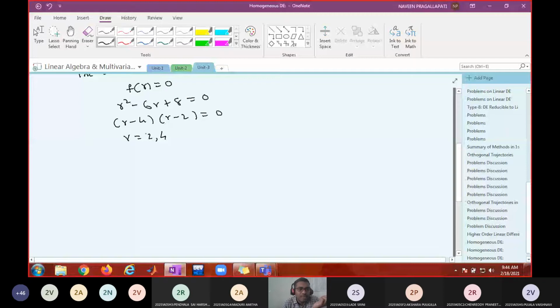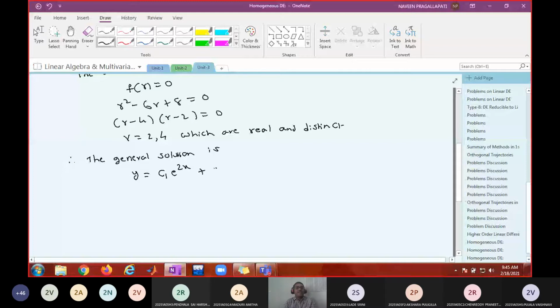The roots are real and distinct. Therefore, the general solution is y equal to c1 e power 2x plus c2 e power 4x.